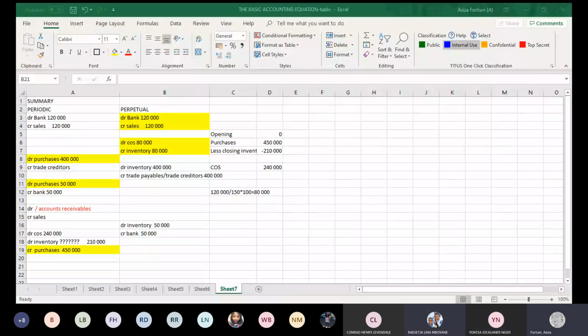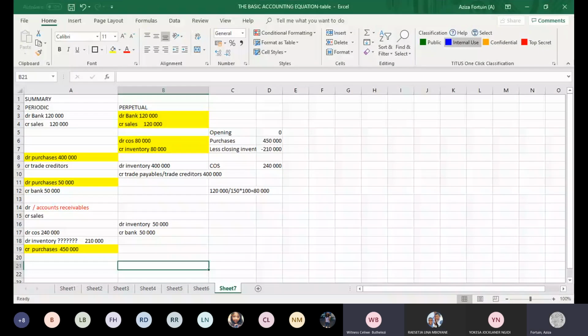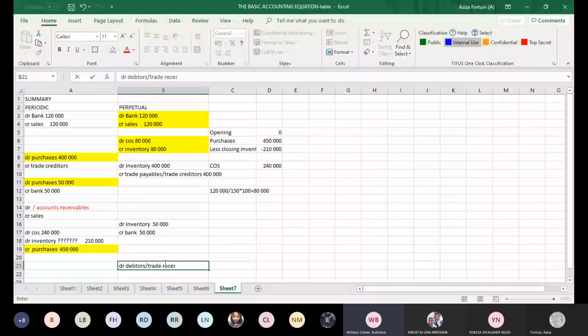Transaction number 4. Yes. Sold merchandise for credit on account. I think on paper, we debit debtors. I don't know if I'm correct or wrong, but we debit debtors control and credit sales.